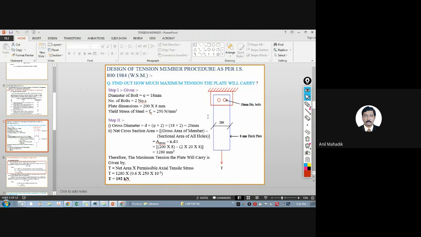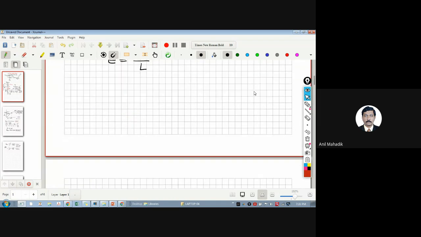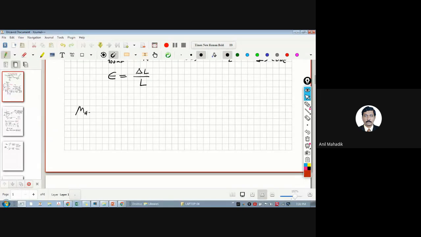You don't know the tension now, but you know the cross-sectional area. So how can you calculate the capacity of the member? Maximum tension capacity of any member is sigma at permissible, the permissible stress you know, multiplied by the area of cross section provided.